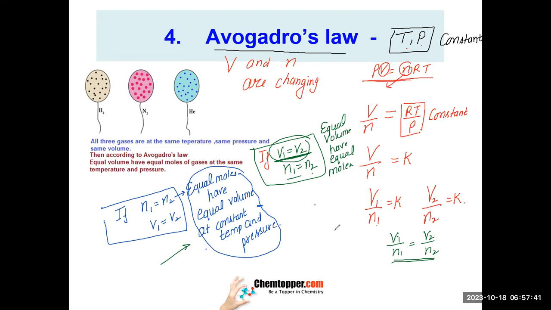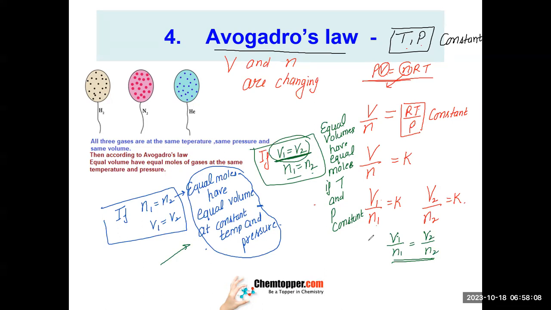Equal volumes have equal moles. You want to say that, right? Yes, the way Ariba has defined: equal volumes have equal moles if temperature and pressure are constant. Are we okay with these definitions?